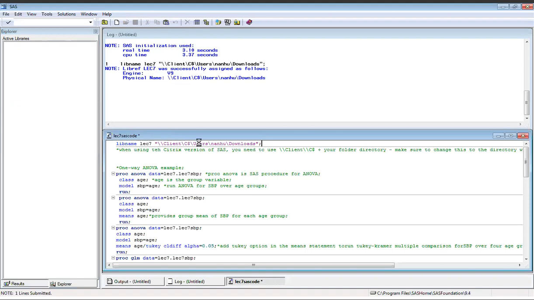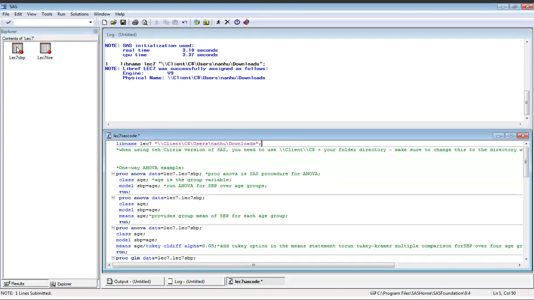When you run it, it will show on the Explorer, and you will have a folder called Lecture 7.